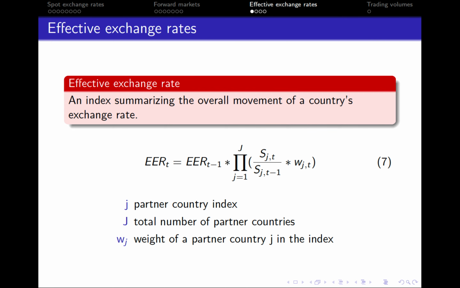So if, for example, 20% of American trade is with China, then they can use a weight of 20% for the bilateral exchange rate with China. If 15% is for the trade with the euro area, they can use a 15% weight with the euro area. And then we get as a result an index that is telling us how, on average, the behavior of the currency can be described.